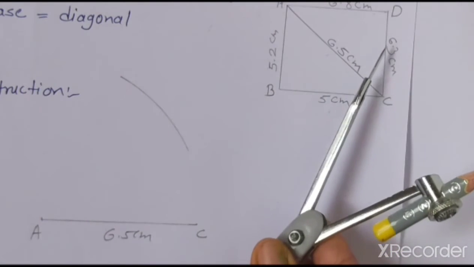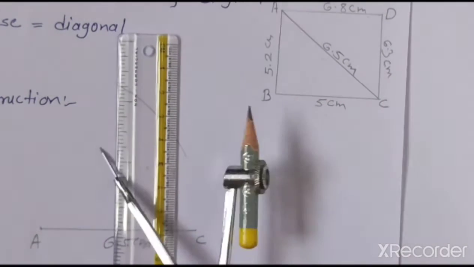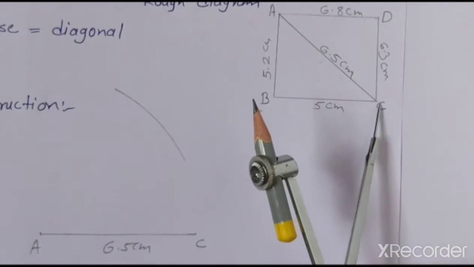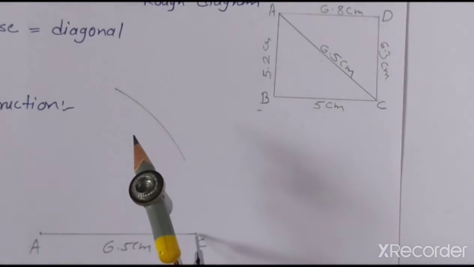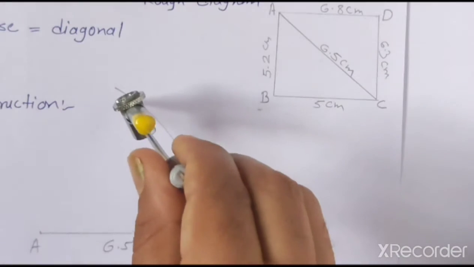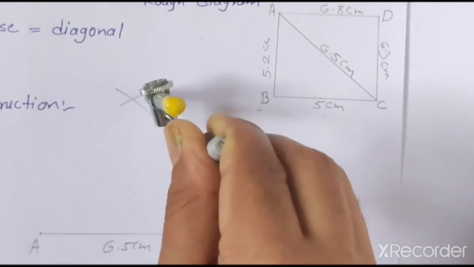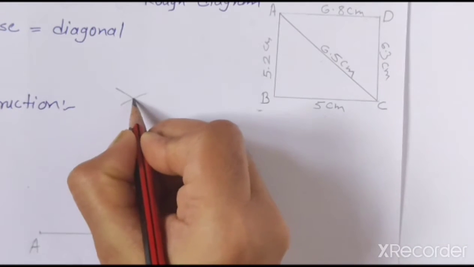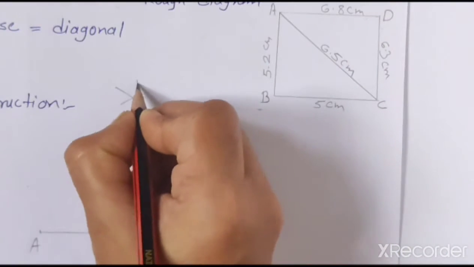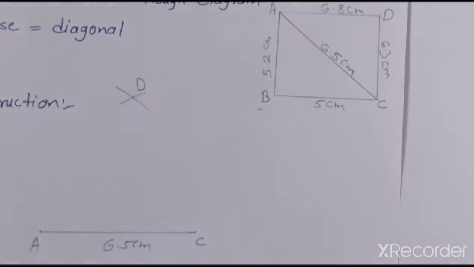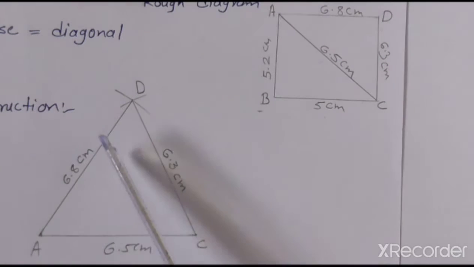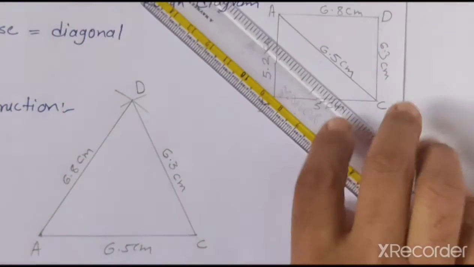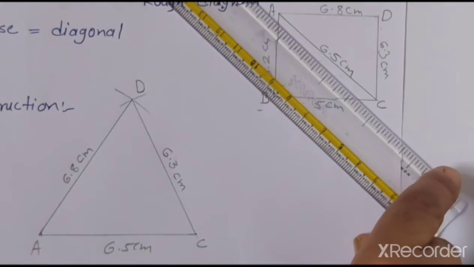Now take 6.3 centimeter length again in this compass and mark a second arc from point C. So here I am putting this needle on point C and intersecting this second arc with the first one. So this point of intersection is point D. Now connect this point D with A and C. After connecting these three vertices with each other, we get this first triangle ACD.